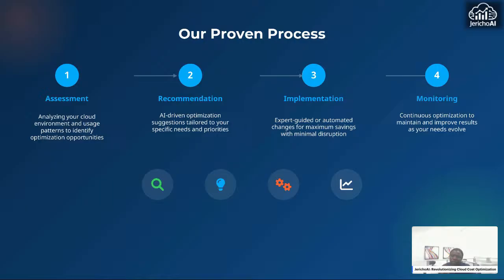And so we provide AI-driven automation suggestions tailored to your specific needs and priorities. The system is very, very sensitive. In fact, I call it super intelligent FinOps, right? That is it.